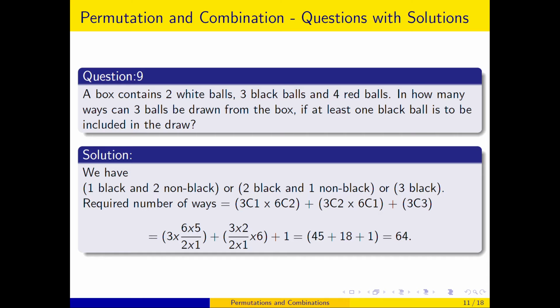So the required number of ways is 3C1 into 6C2, since out of 3 black balls 1 is selected and out of 6 non-black balls 2 are chosen. Similarly, 2 black and 1 non-black gives 3C2 into 6C1, plus 3 black balls out of 3, so 3C3. We get 64.